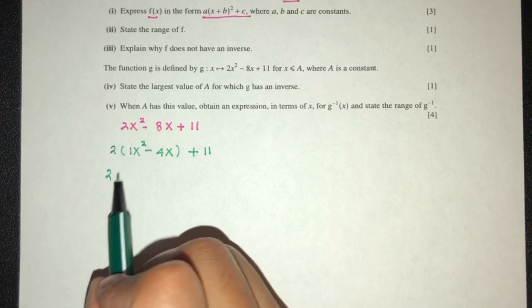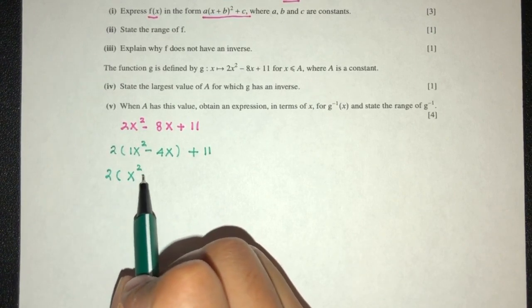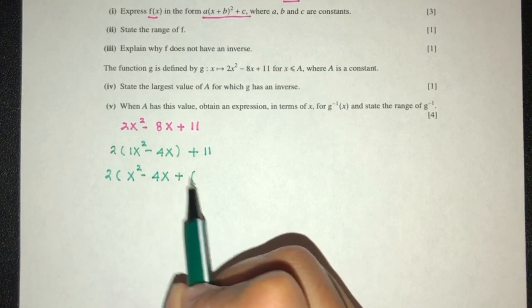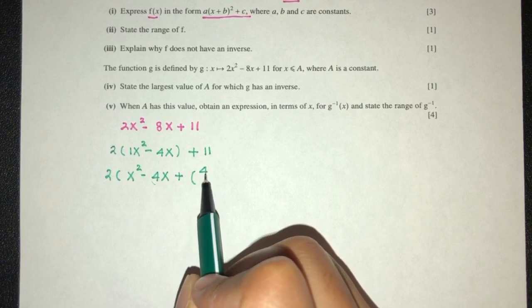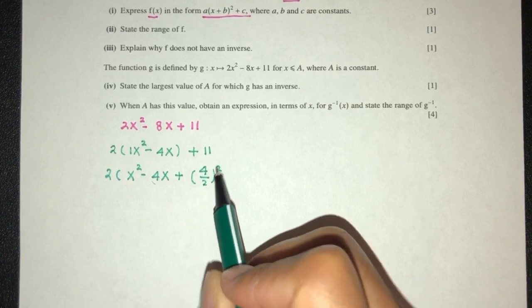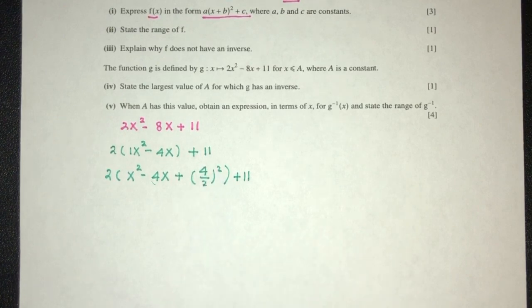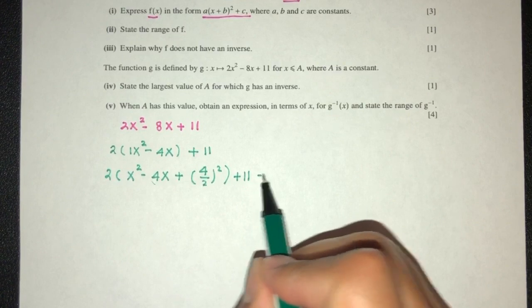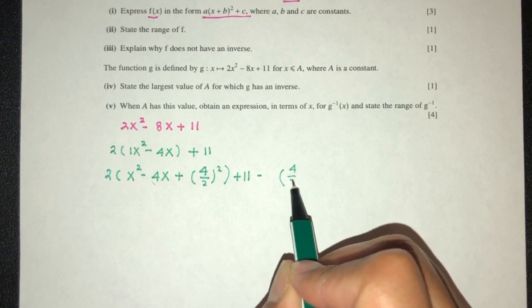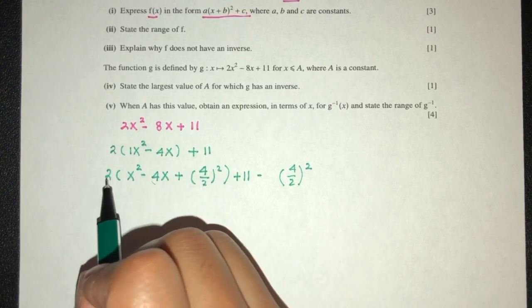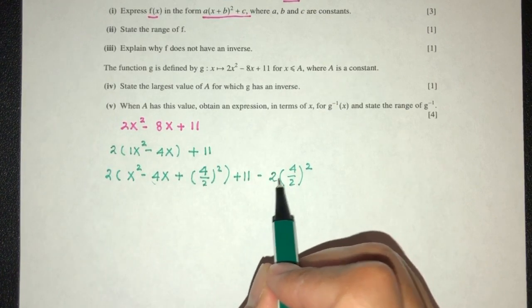I have 2. Here we have x squared minus 4x. I have to add something. Add 4, the value 4, divided by 2 square, plus 11. Now when you add something, you also have to minus the same value because you don't want to change your equation. So minus the same value, 4 over 2 square. Now because it was inside of the bracket, we also have to give it the value of 2.